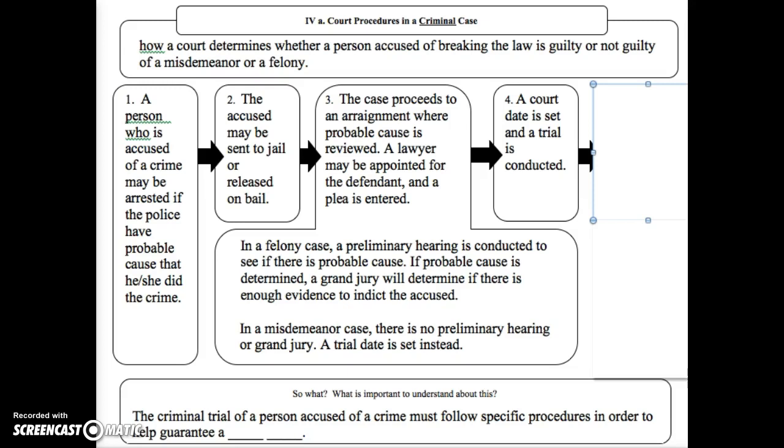Keep in mind you do have the right to a speedy trial, so the trial will be conducted sometime soon. In the trial, you have the judge, the jury, your lawyer, the prosecution. There's evidence presented, witnesses are called, and in the end, the jury makes a decision and they reach what is called a verdict. And that is a verdict of guilty or not guilty.